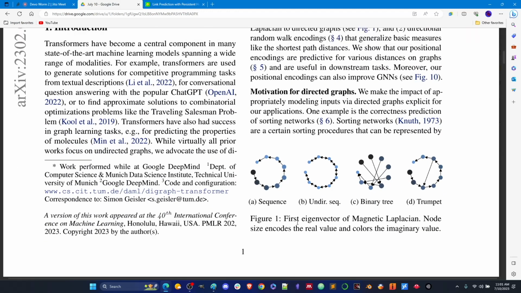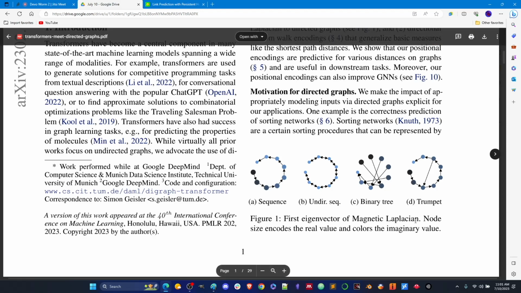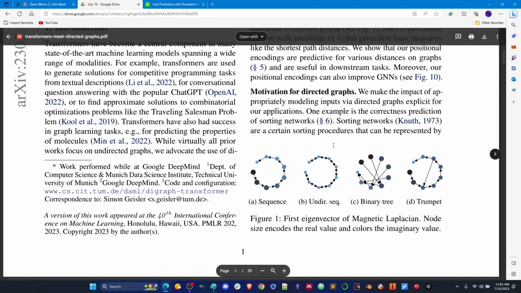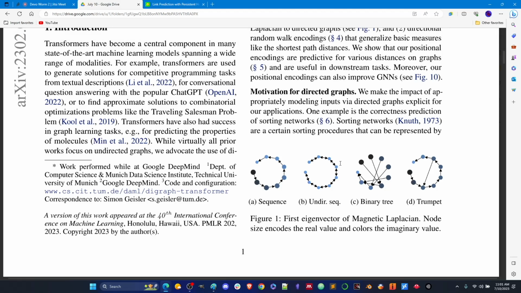This is an example of the first eigenvector of the magnetic Laplacian. Node size encodes the real value and colors the imaginary value. So they have these different ways that they've implemented this. They have the sequence, which kind of goes in a certain direction, like going from 1 to 10. The undirected sequence, which goes in different directions from a source node.